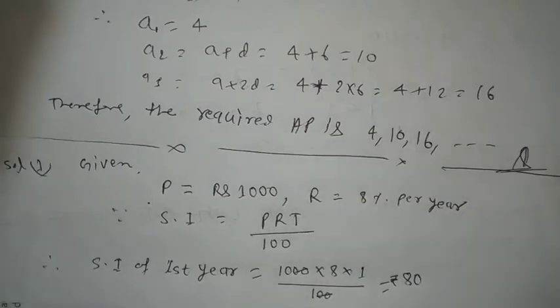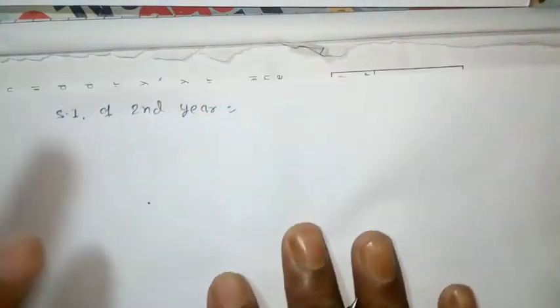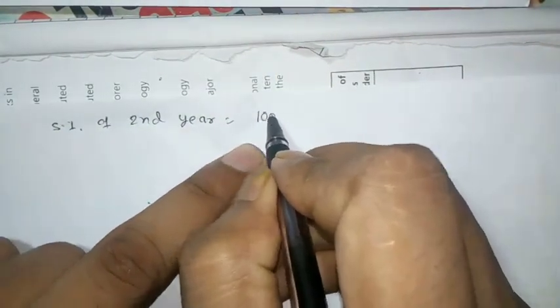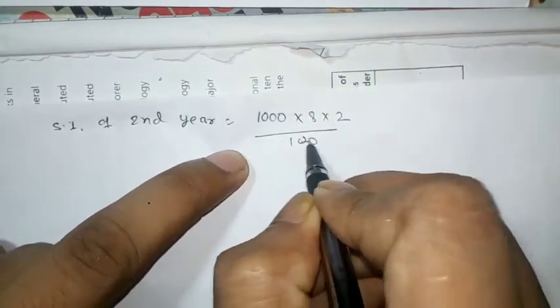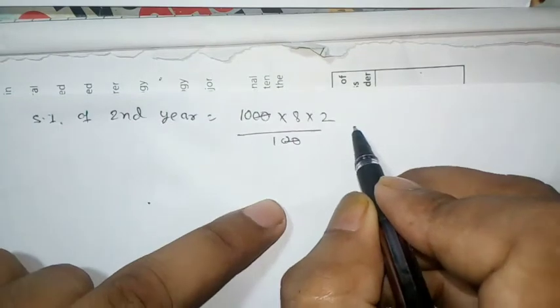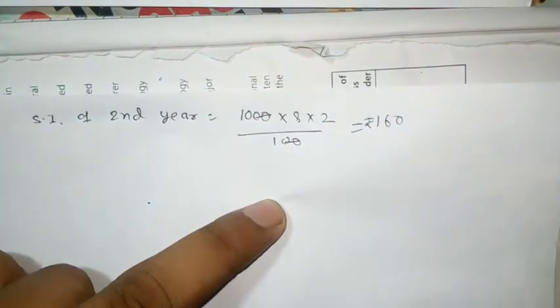Now the simple interest of second year is equal to 1000 into 8 into 2 by 100, 20 cancel, 8 2s are 16, 16 10s are 160 rupees.